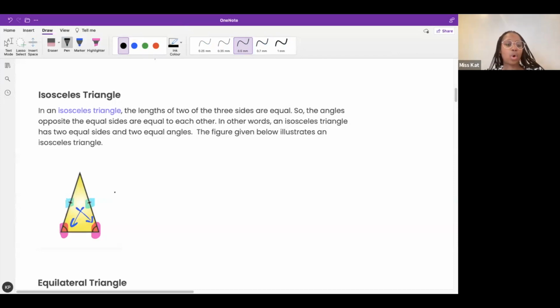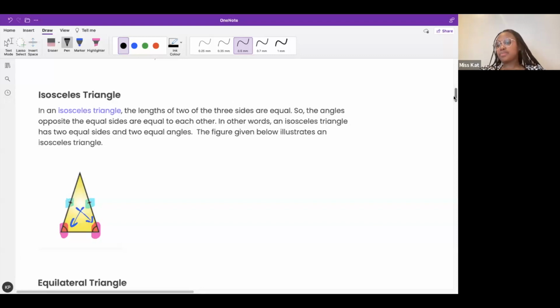No, that would be wrong, because parallel signs mean the lines are parallel, and these lines cannot be parallel. Remember, parallel lines never meet or touch, but in a triangle, they have to meet or touch in order to close the shape. Do you agree? Yes, ma'am. Thank you, ma'am. You're welcome.